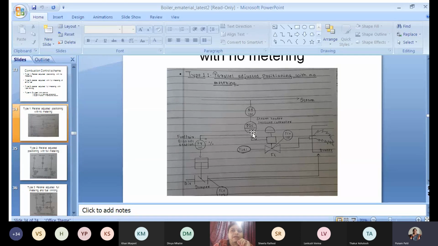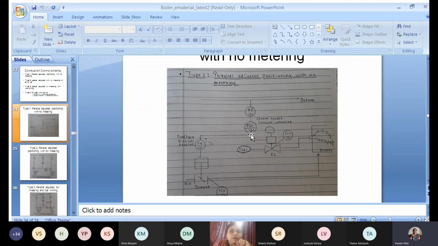Okay, it's not like if this is 50% open then this will also be 50% open. Here a fuel to air bias station or calculator is there. So this program will decide that. Suppose the controller output is in the range of 3 to 15 psi, or if you say electrical signal, it is 4 to 20 milliampere.